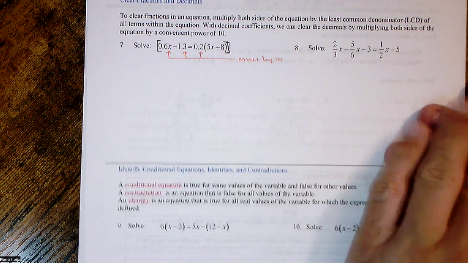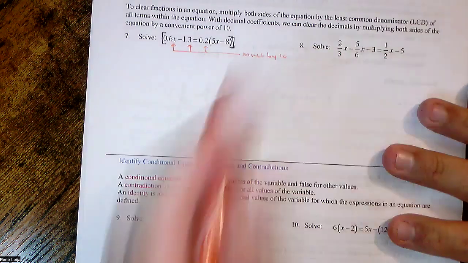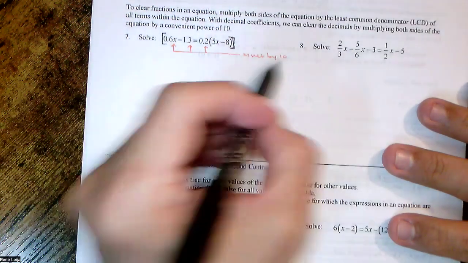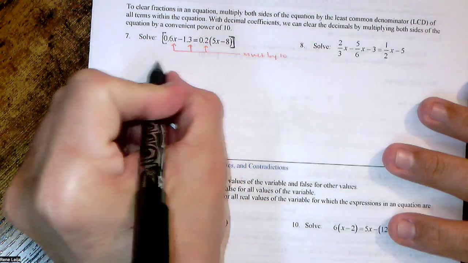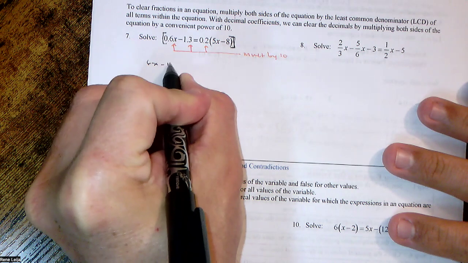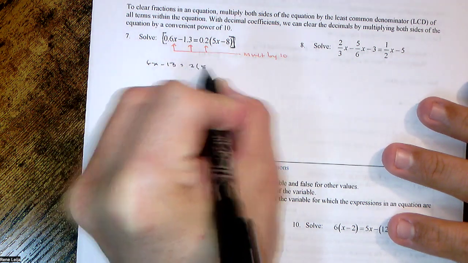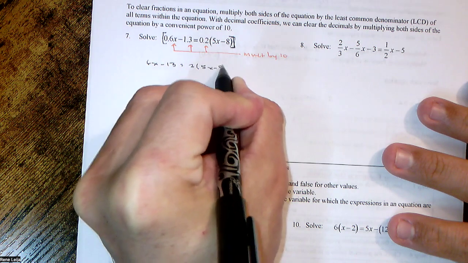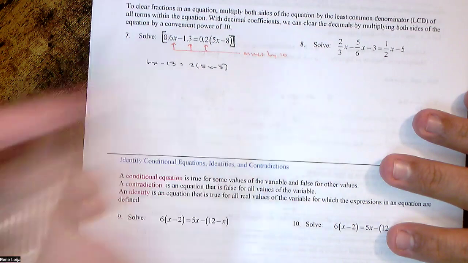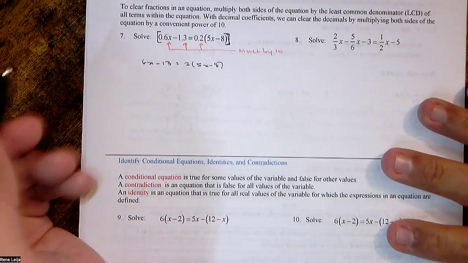If it was 3, multiply by 1,000. So when we do this, it's going to clean up really nicely. If I multiply this by 10, we're going to end up with 6x minus 13 equals 2 times 5x minus 8. And again, all that did was get rid of those coefficients.